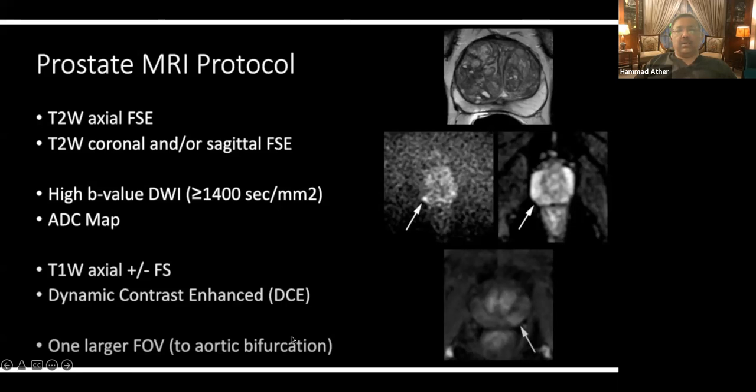And these are important to particularly look for hemorrhage. Then you have a global picture of one orthogonal reconstruction, which is either coronal or sagittal or both, in which you go from aortic bifurcation down up to the apex of the prostate to see nodal disease as well.